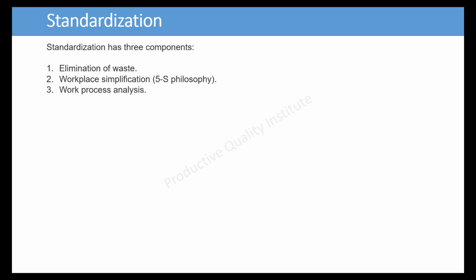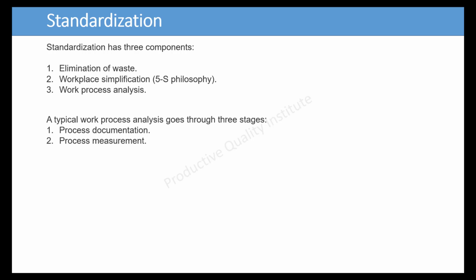Standardization has three components. 1. Elimination of waste. 2. Workplace simplification, 5S philosophy. 3. Work process analysis. A typical work process analysis goes through 3 stages. 1. Process documentation. 2. Process measurement. 3.